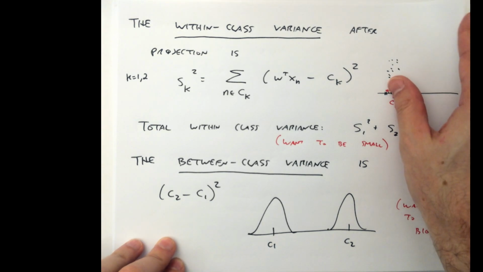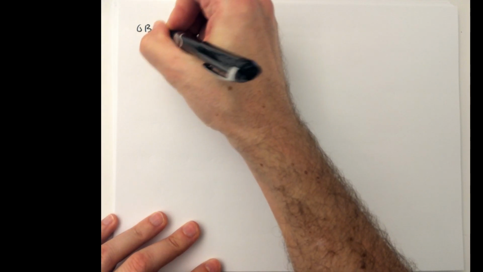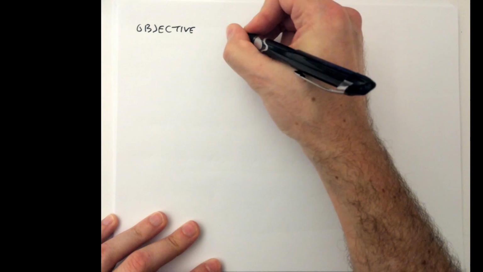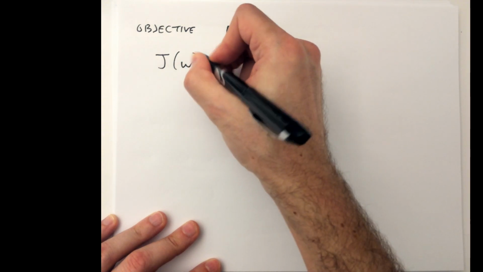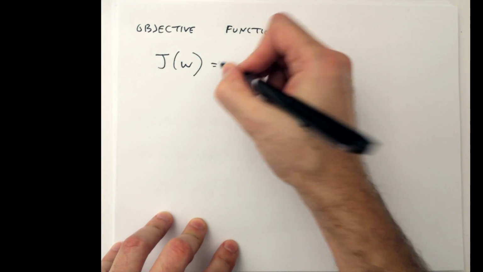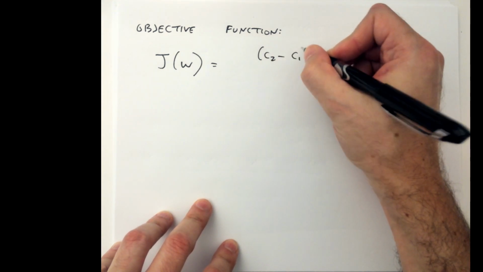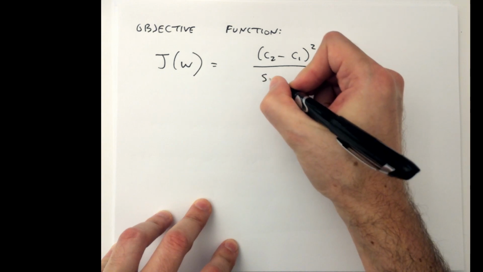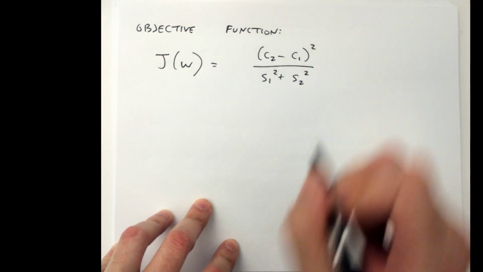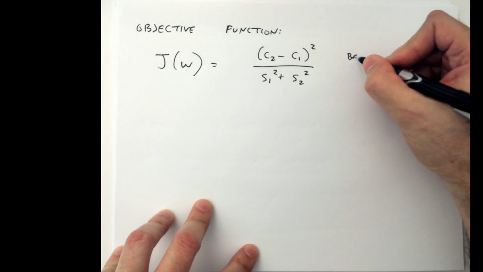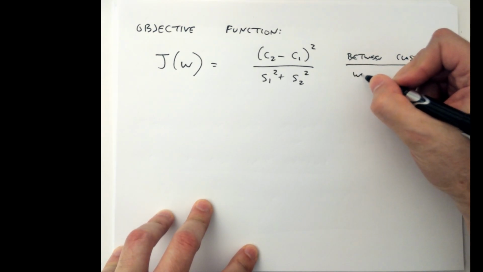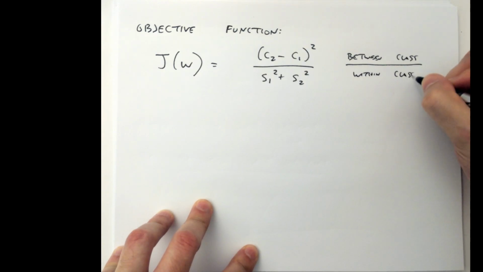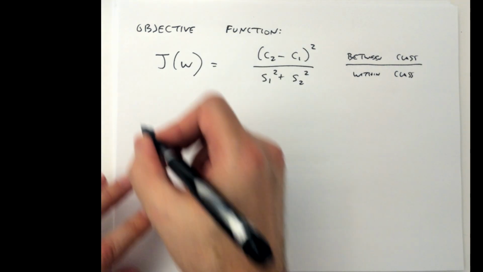So my objective function is, as a function of the weight that I choose, basically the between class variance over the within class variance. And what I want to do is maximize this.